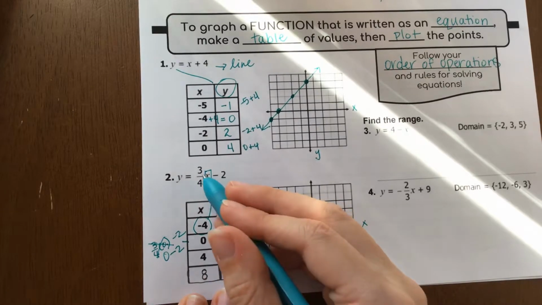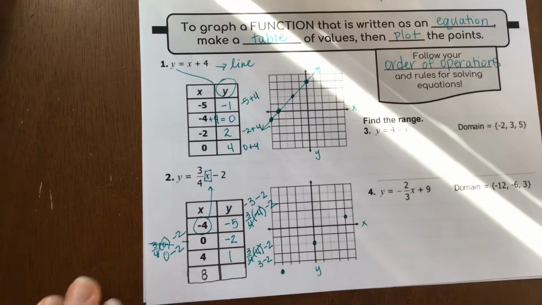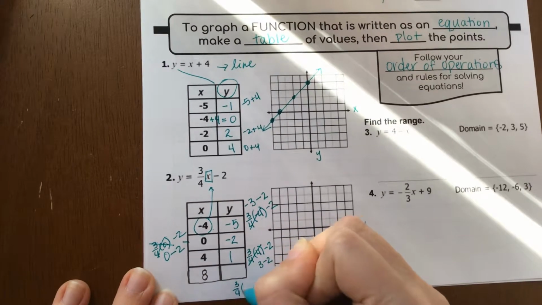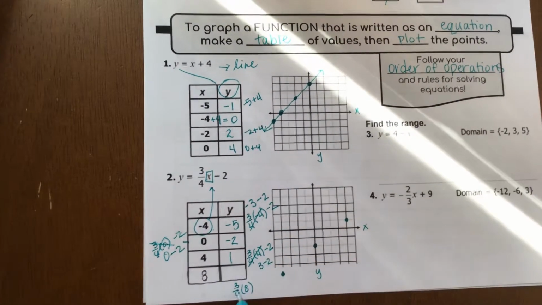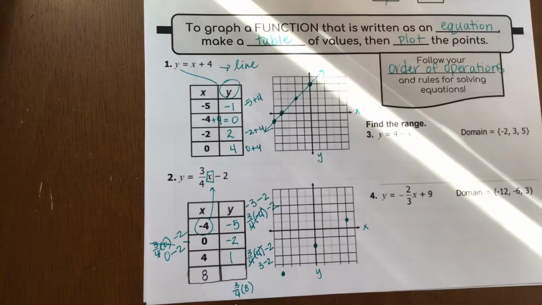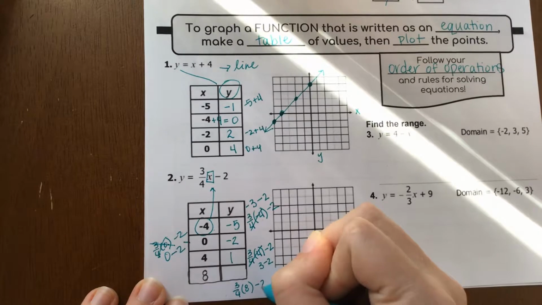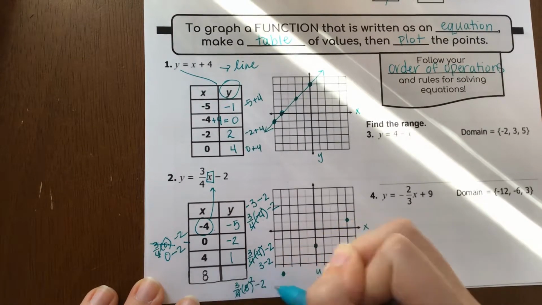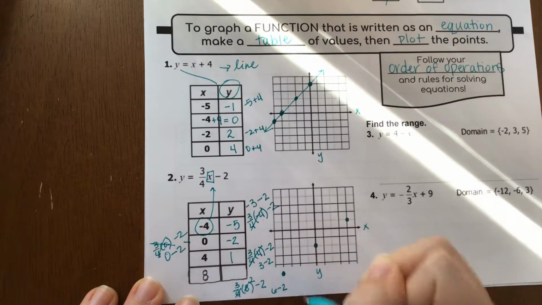And go ahead and plug that value in for 8, or in for x. 8 goes in for x, so 3/4 times 8. And if you need to, you can change that 3/4 to a 0.75 and plug that into your calculator. Times 8 minus 2. So this would be a 6 minus 2.